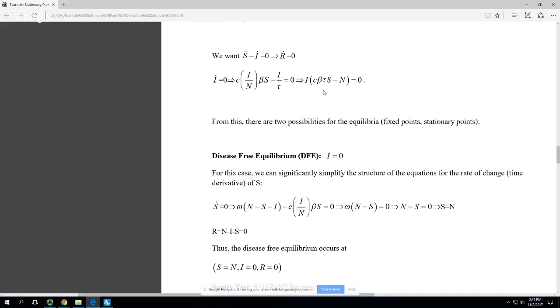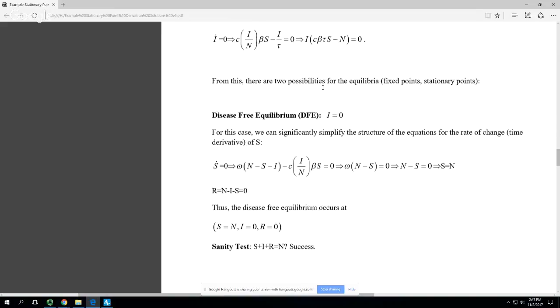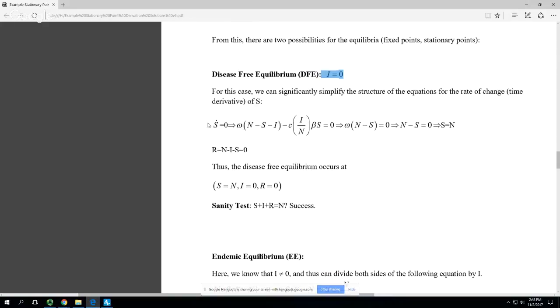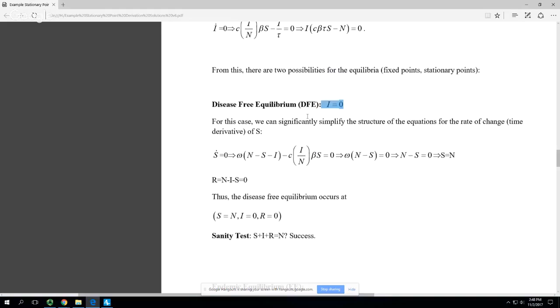Okay, so ladies and gentlemen, there's really two possibilities here for an equilibrium. One is where, well, what's one obvious one? What's one obvious condition under which this thing will be zero, if what equals zero? Yeah, infectives equals zero. Look, if infectives equal zero, this thing is going to be equal to zero. And then we can go solve for other things too. So we know half of it, infectives equal to zero.